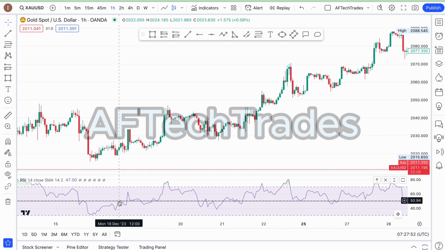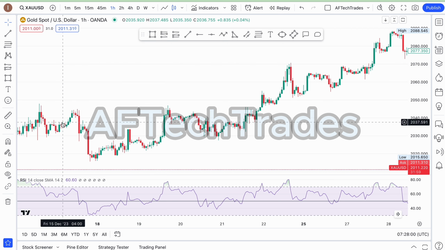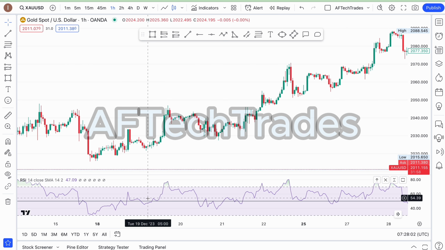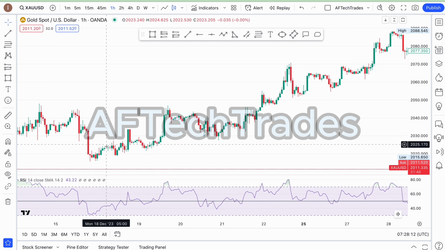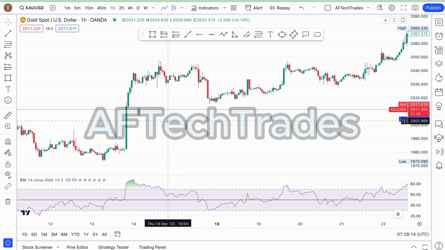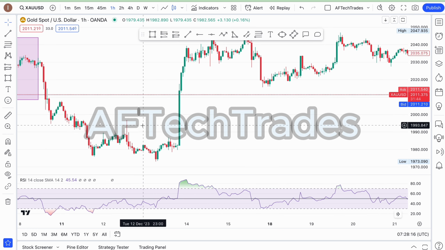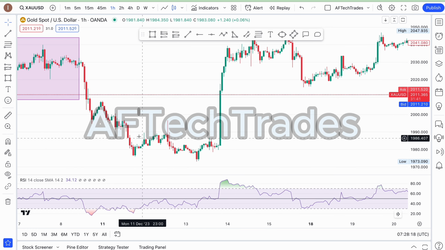The 50, we highlighted the 50 band. We made it bolder, which is the middle line here. You remembered. So if the market is just ranging around it without going up or down, just ranging sideways, it means the market is ranging at that moment. Let's check and see if we can spot any ranging market around that.